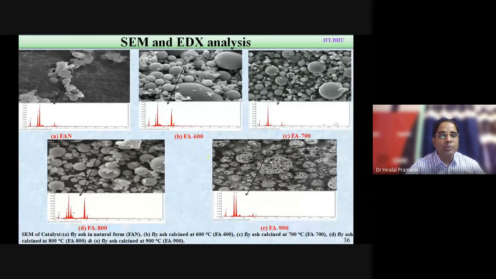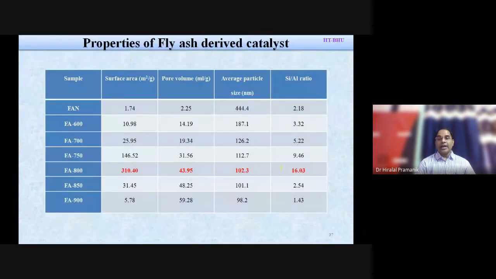The fine pores are not visible here, but in this figure you can see these large pores visible, and due to the collapsing of pores, in the second slide you can see the BET analysis and silica alumina index.